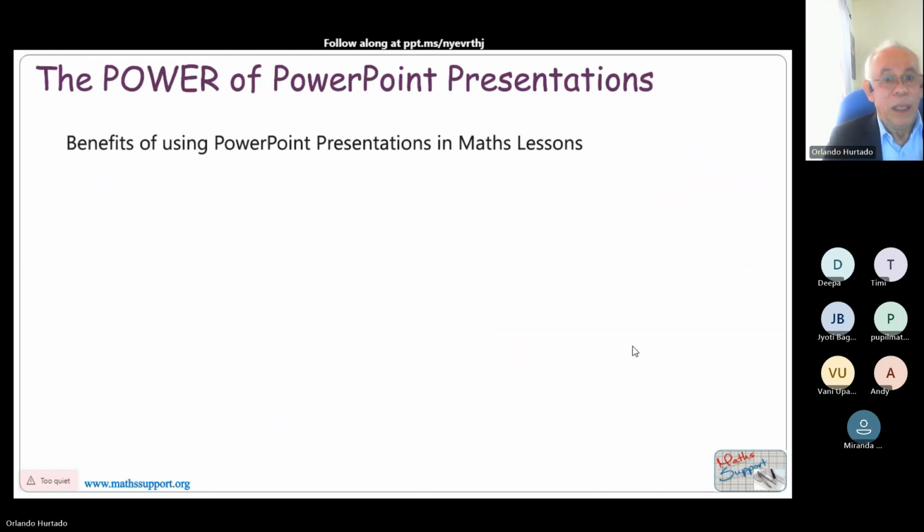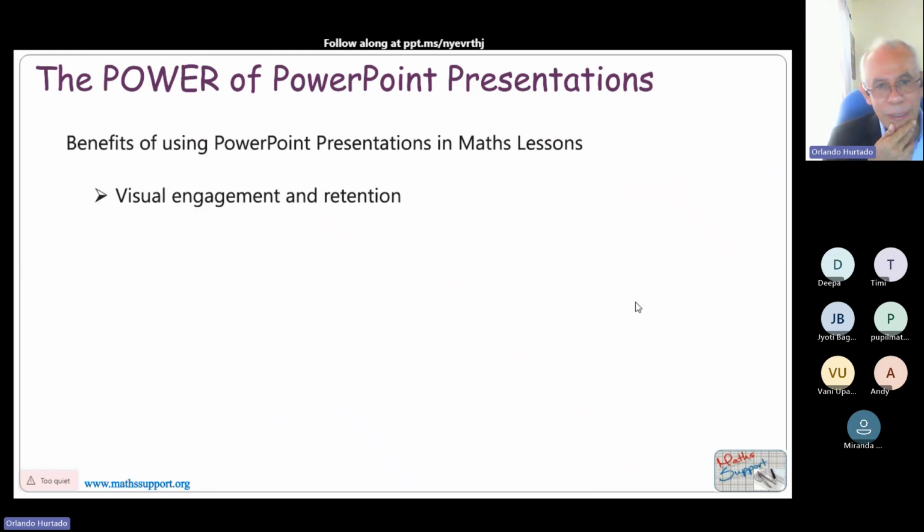So how can we benefit then from PowerPoint presentations in math lessons? What are some of the benefits that we can find when we use PowerPoint presentations in our math lessons? Okay, one of the things that we can have is visual engagement and retention from the students. So the students can be looking at the board.